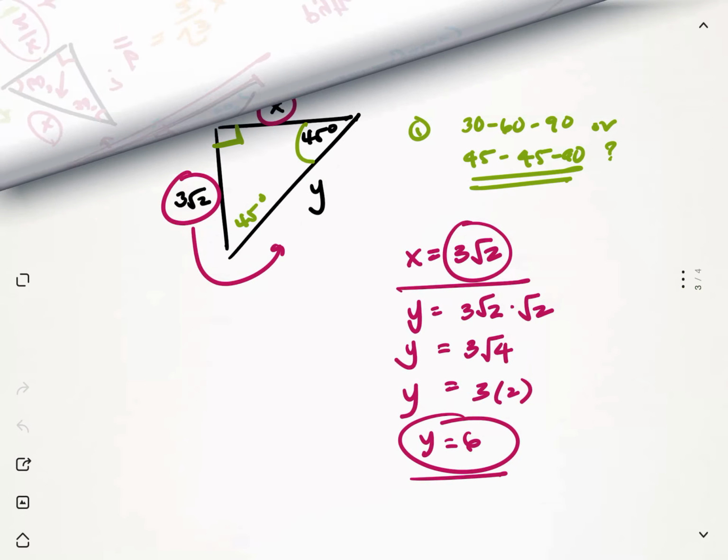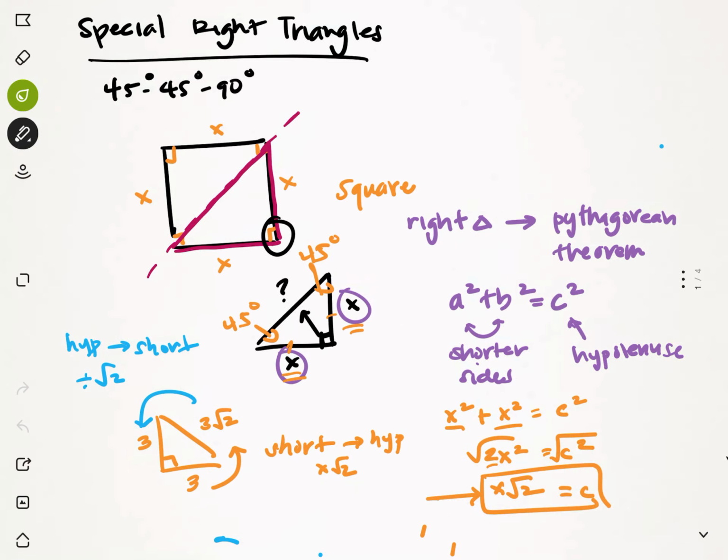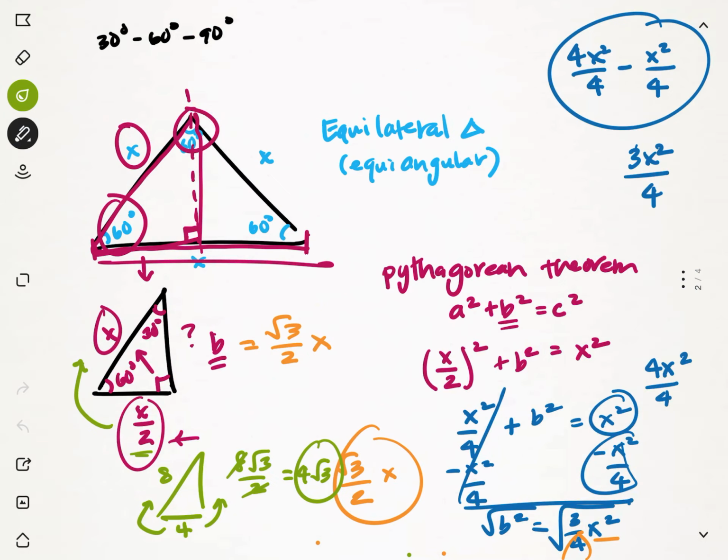So I just wanted to show you guys what it looked like and the conceptual ideas about how they came up with figuring out the relationship of the sides. Like when we took the square and we cut it in half diagonally, how they figured out all the pieces of our 45, 45, 90. And likewise with the 30, 60, 90, we took the equilateral triangle and cut it in half, and then we figured out the relationship with the sides there.